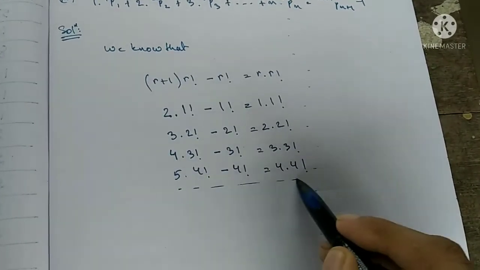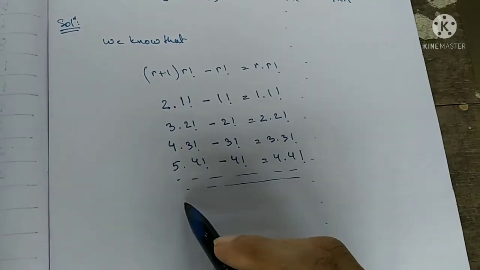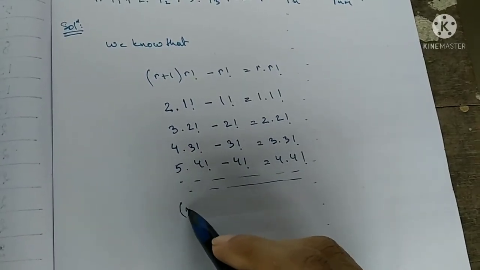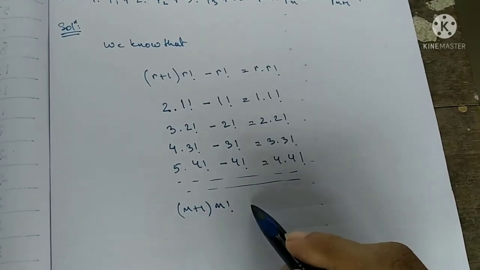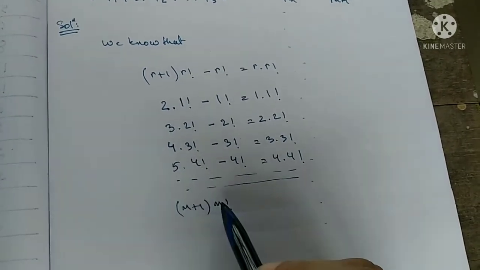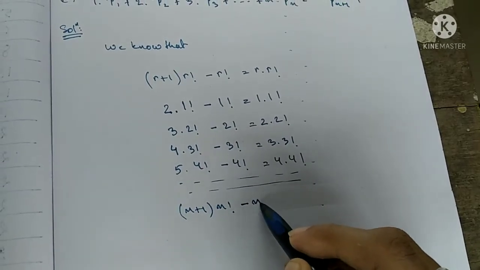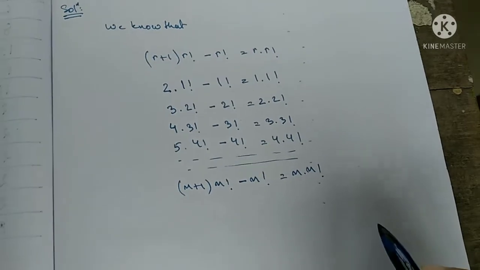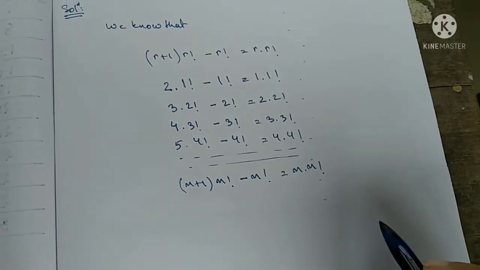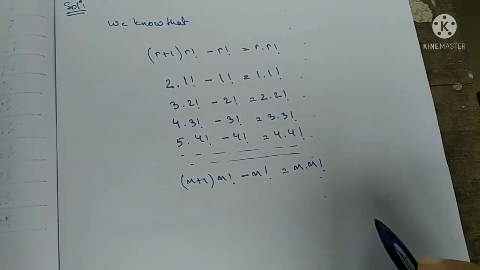So like that it will go on, dot dot dot. Last I will write n plus 1 into n factorial minus n factorial is equal to n into n factorial. Finished.